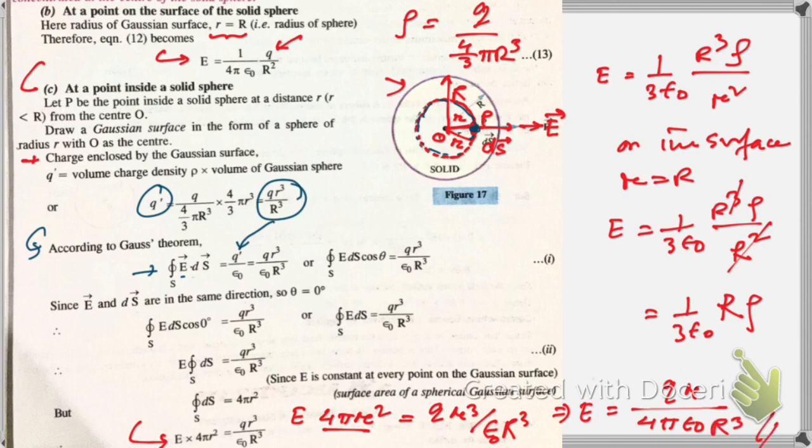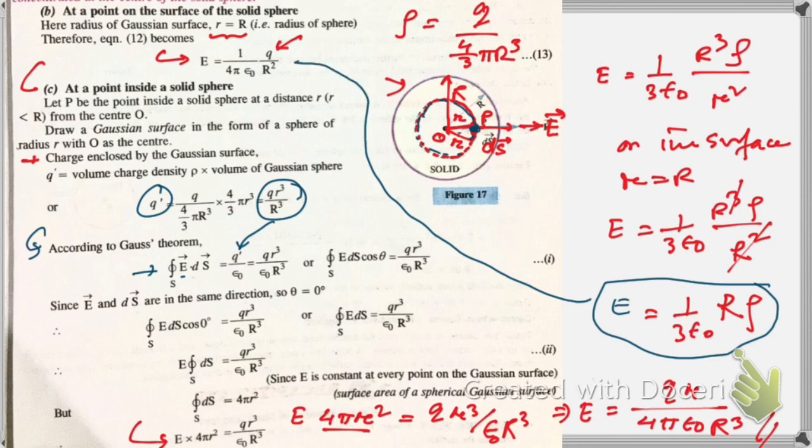This is the electric field for a point inside the sphere. So let me clear one more thing. This is the expression for the electric field for a point on the surface of the sphere.